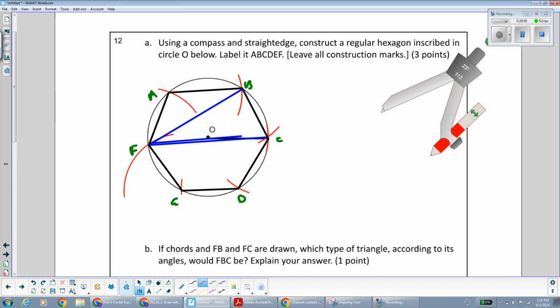If we're labeling according to the angles, our options are right, acute, or obtuse. So let's take a look. Angle FBC is an inscribed angle. It is a right angle because it intercepts a diameter. Here we have 180 degrees, and half of that is 90. Once again, if it's an inscribed angle that intercepts the diameter, it is a right angle.